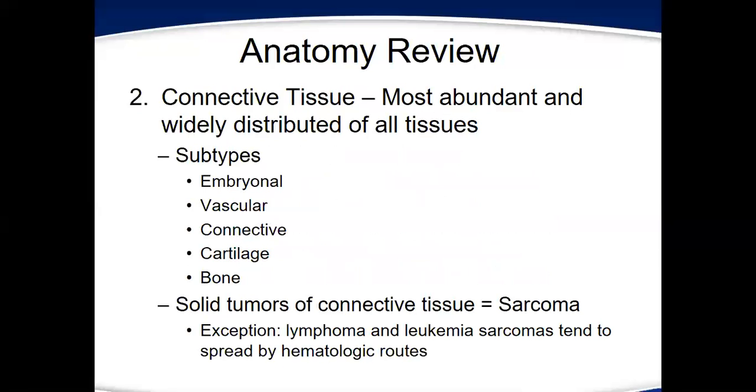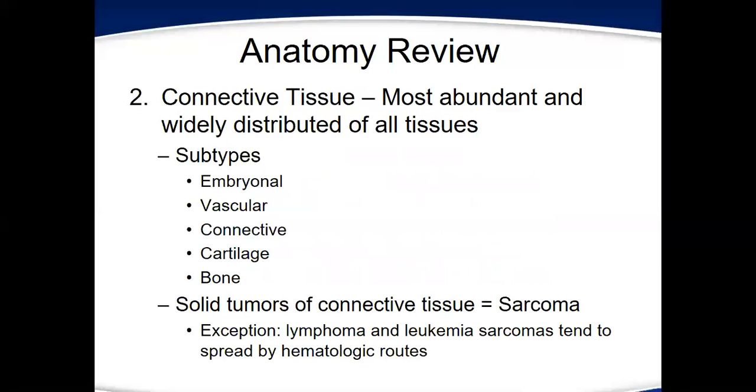The second tissue is the connective tissue, which is the most abundant and most widely distributed of all the tissues. There are 5 subtypes of the connective tissues. The embryonal is found in the embryo and fetus. Vascular is found in the blood and lymph.